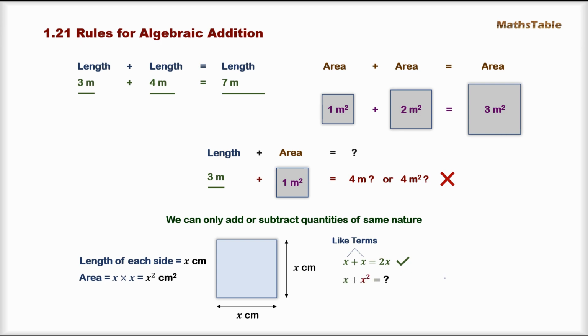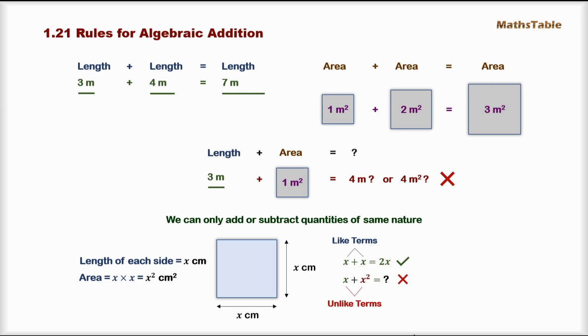But can we add x to an x square? We have already seen that x square means the area, and we have concluded that we cannot add a length to an area. Since in an algebraic expression we translate these real world quantities into alphabetical letters, and since in the real world length and area cannot be added to each other, we can say that x and x square, these different variables, represent different natures, and hence they are unlike terms.